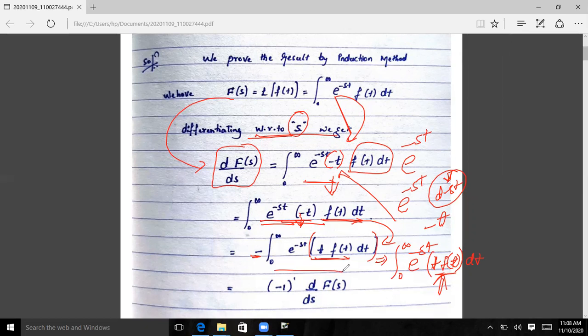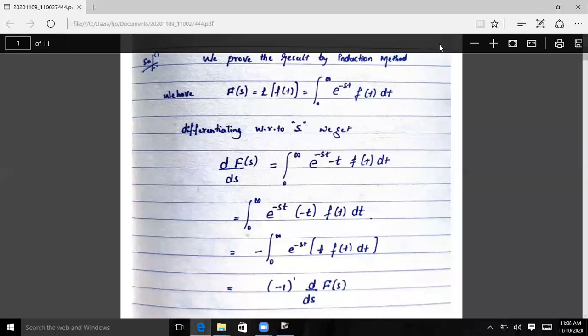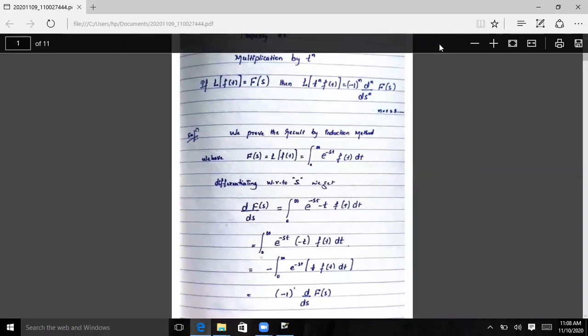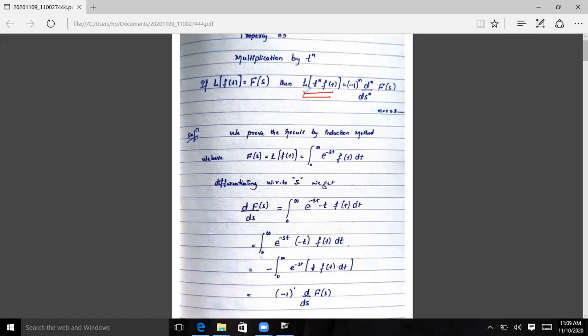According to the statement, the Laplace transformation of t to the power n into f of t is equal to minus 1 to the power n, d to the power n by ds to the power n of F of s.